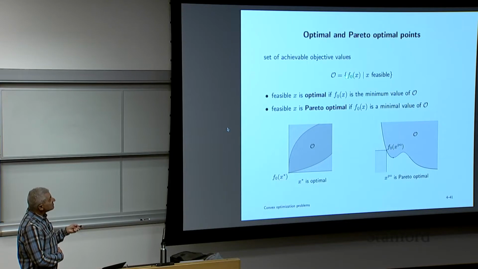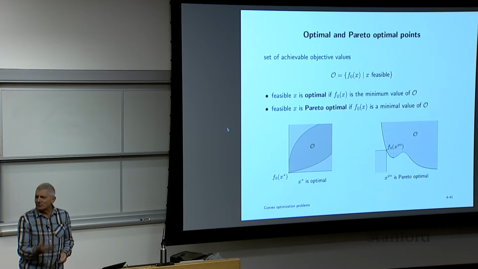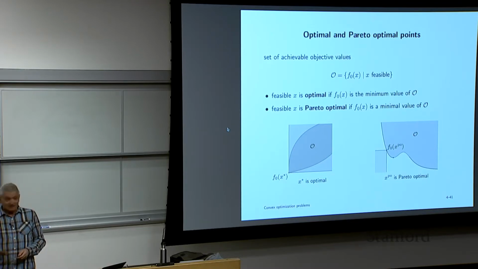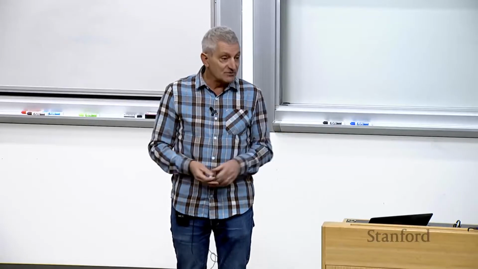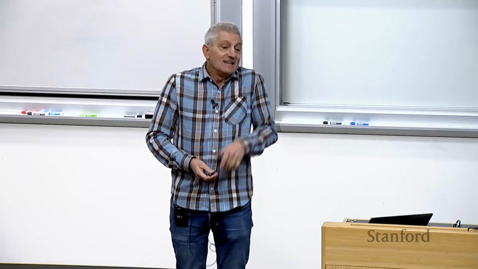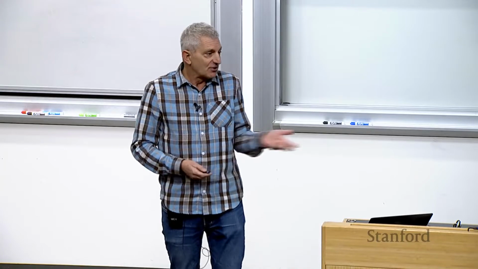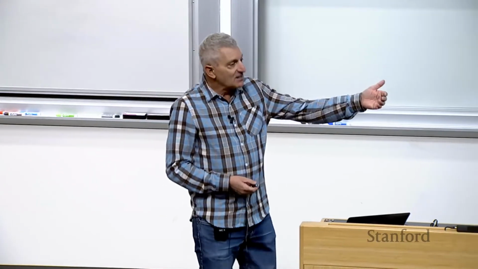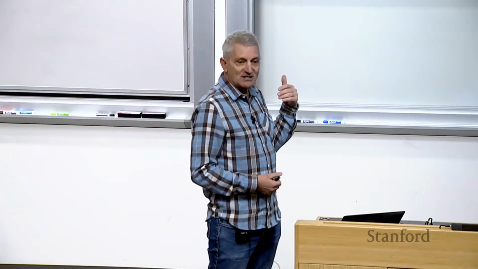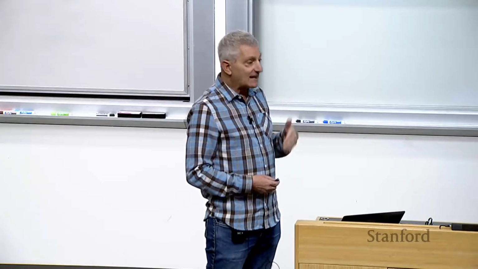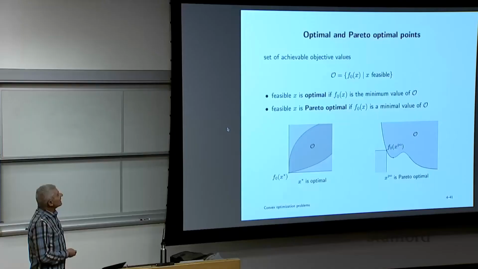Now, if this was a scalar, this O would be a subset of R. In fact, it would probably be continuous, so it would be an interval of some kind. And then it's completely simple to say what the semantics is for a scalar problem. It's basically the one farthest to the left, which is the smallest point in that interval.